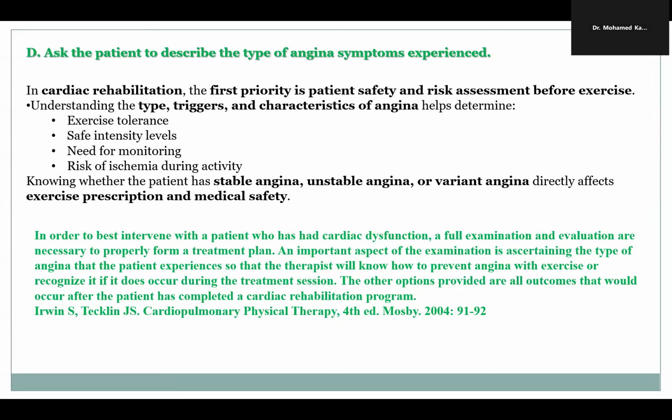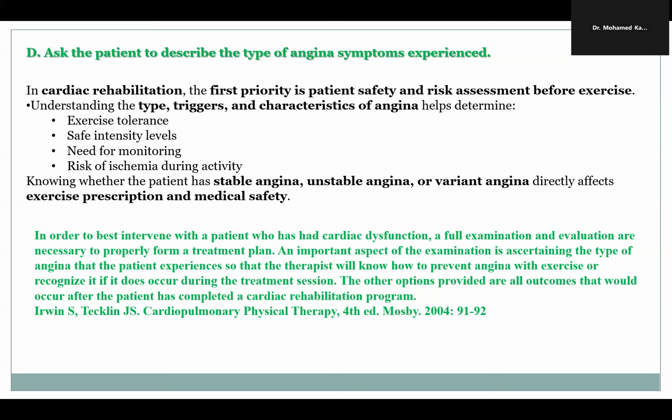We know that coronary artery disease could be a partial obstruction of different degrees in the coronary arteries, and it might result in stable angina, unstable angina, different types of problems. Okay, but we need to learn about that.